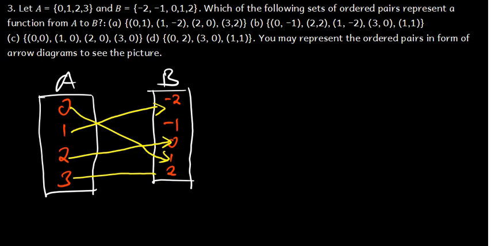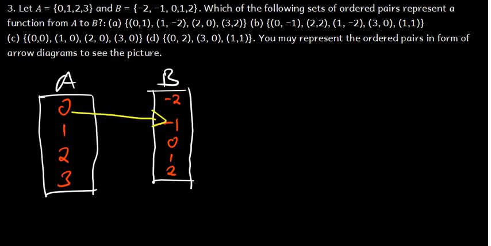Okay, so let's go to part B. I'm going to use the same one. Part B is saying we have 0 comma negative 1, then 2 comma 2. Next we have 1 comma negative 2, that one. We have 3 comma 0, 3 here comma 0.